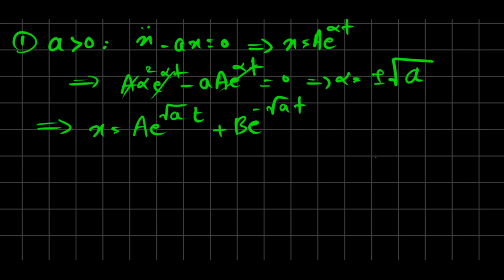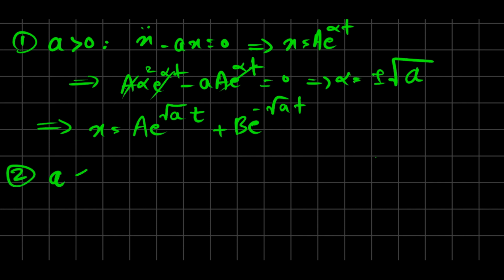Because if something is a solution to a linear differential equation and we have another solution too, then the sum of them is a more general solution to that differential equation. So we have this for our general solution to this differential equation.